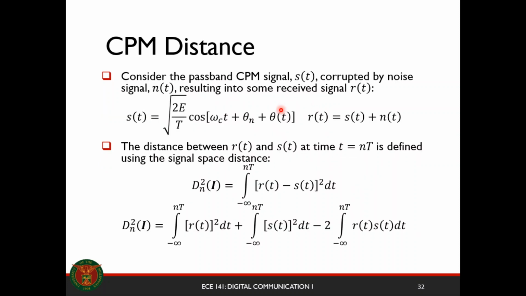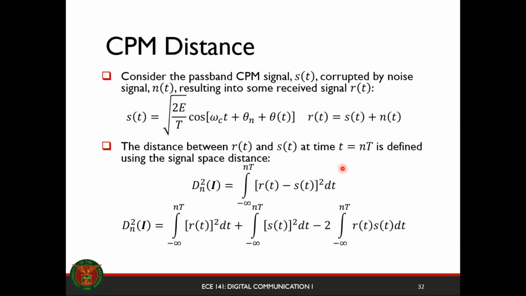Okay, consider then your passband CPM signal corrupted by some noise. The distance between R of t and S of t, so we're considering here time domain signals at a time t equal to nT, can be defined by your signal space distance. Okay?